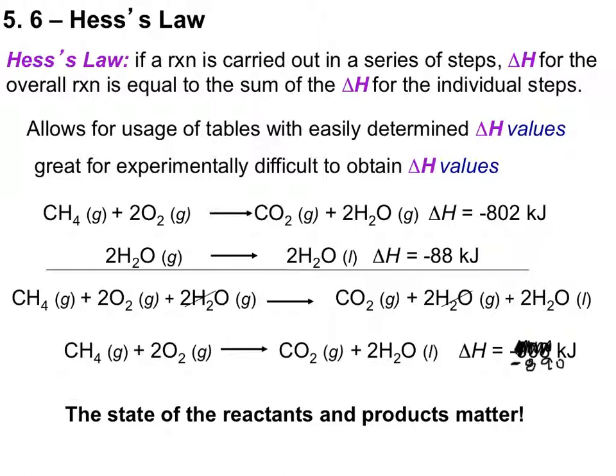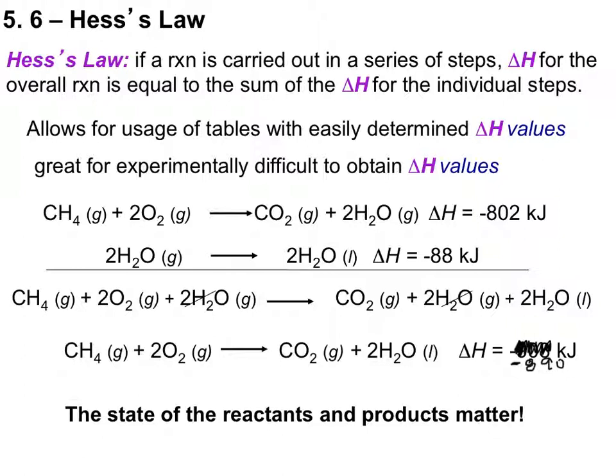We find those delta H values and then sum the values of those individual steps. So basically we take the delta H values from more easily measurable reactions and add up all those values to give us our overall reaction.